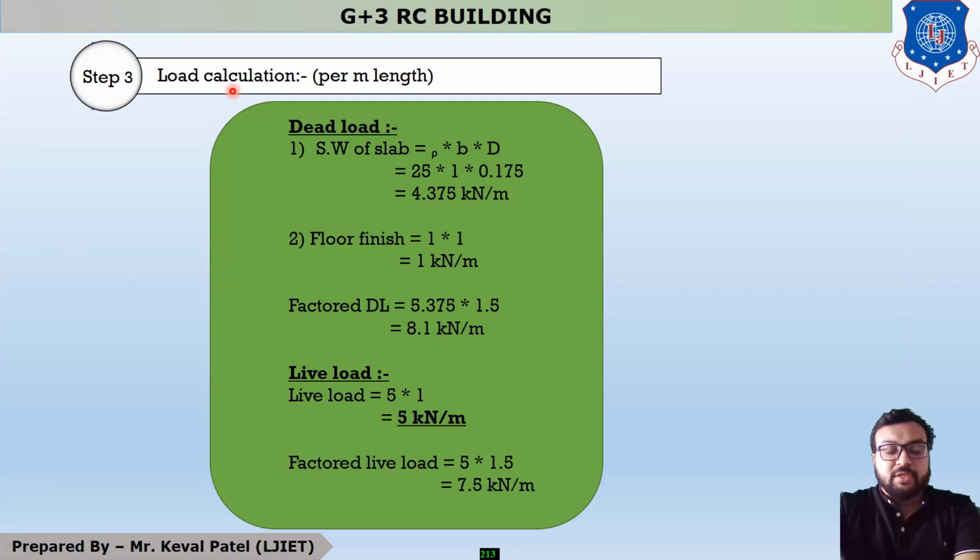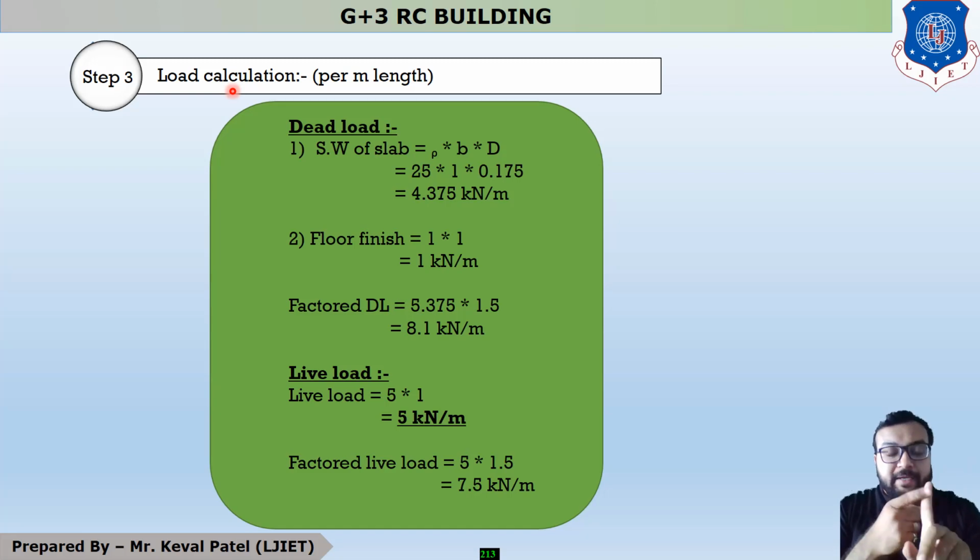Students, you all know that we have to design all the structural components per meter length. So in this example, we also design this slab component per meter length. Which loads are to be considered while designing a slab? There are two major loads.